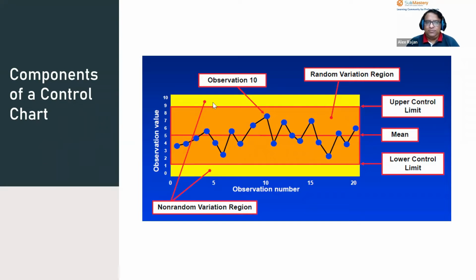If any point goes beyond the lower control limit or the upper control limit, we say it is a non-random variation region. There are some special causes for the data to be seen in this region, or if any run or trend patterns are seen, it can be easily identified by a control chart.